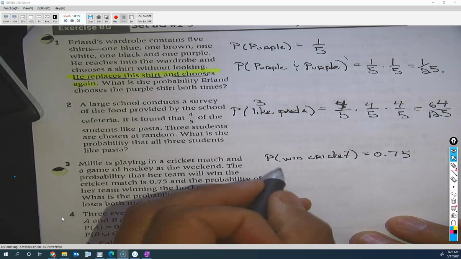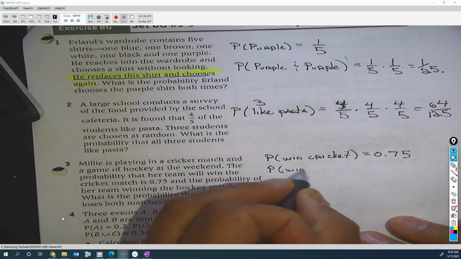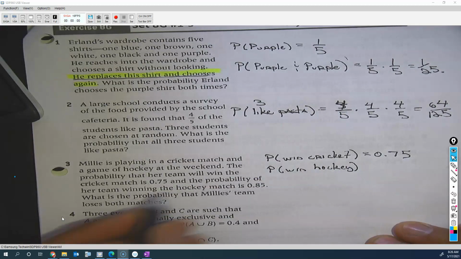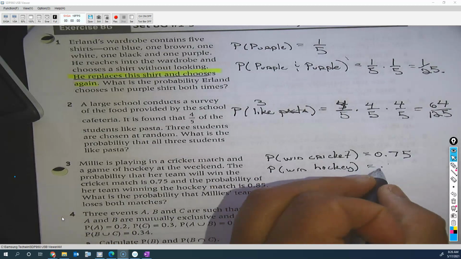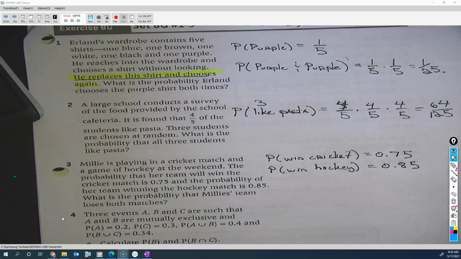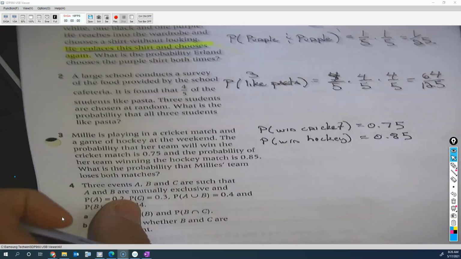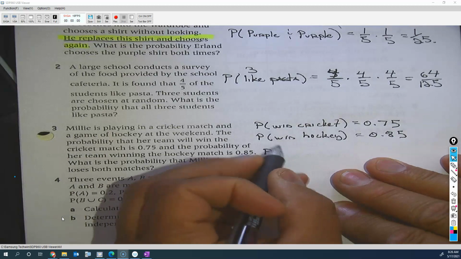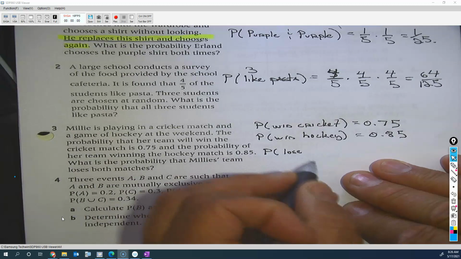Probability of winning at hockey is 0.85. Okay, and the question is, what's the probability that Millie's team loses both matches? All right, so we want to find the probability that we lose both.